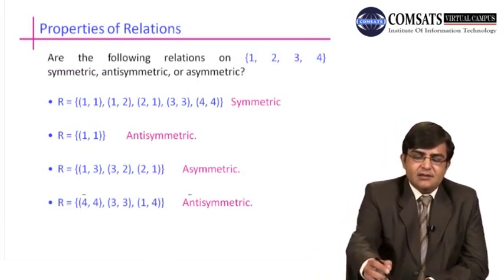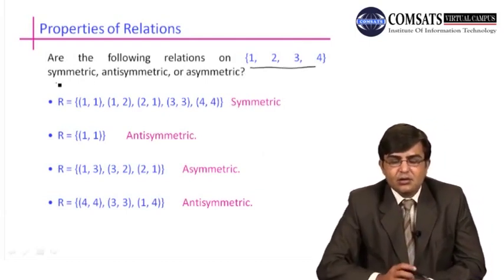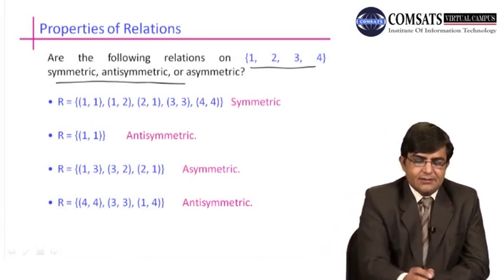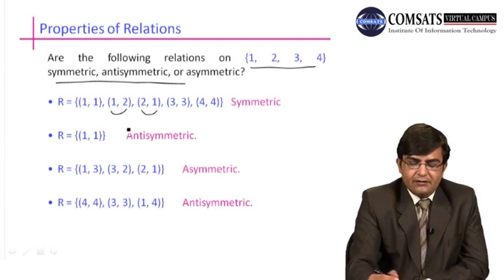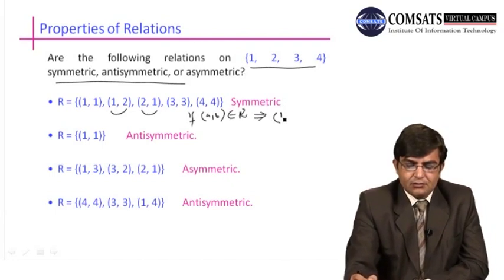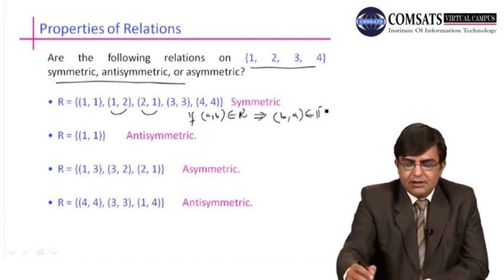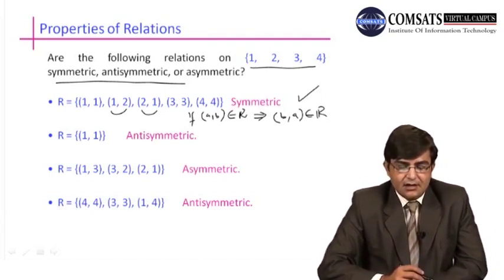Are the following relations symmetric, antisymmetric or asymmetric? The first is basically: if 1 2 belongs to R, then 2 1 belongs to R also. So if AB belongs to R implies BA belongs to R. This is true for all AB belonging to R. So this relation is symmetric.